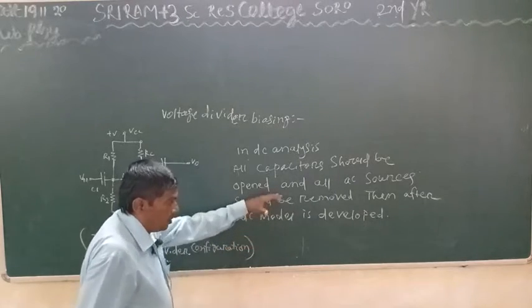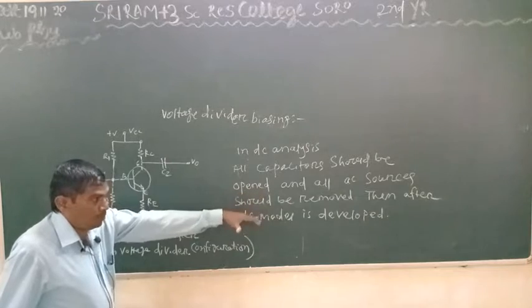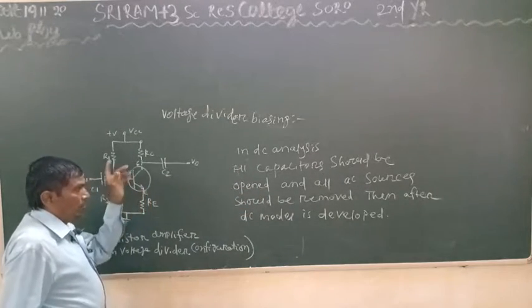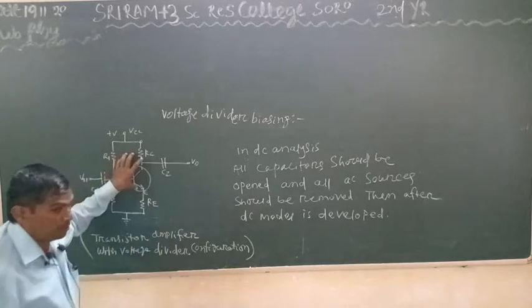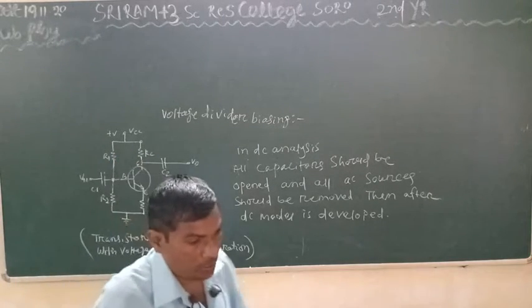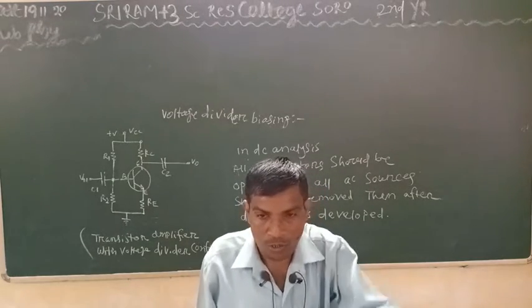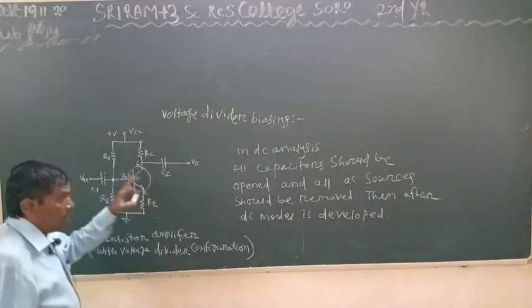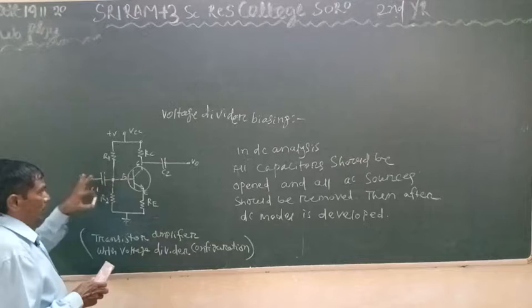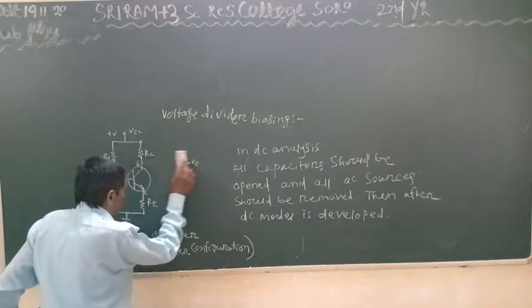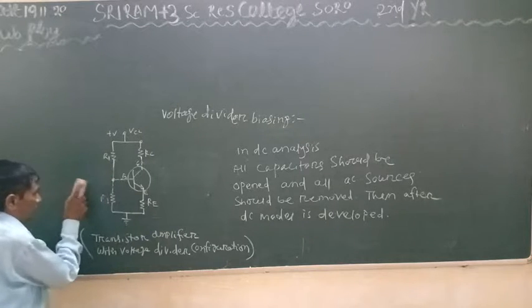Now again we draw the DC model for voltage divider biasing. We modify this amplifier circuit into the DC model, so we open the capacitor and remove the voltage source, meaning the AC source. So this is the modification of this circuit.